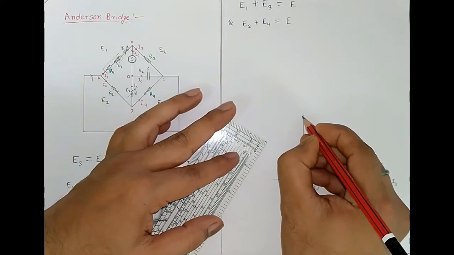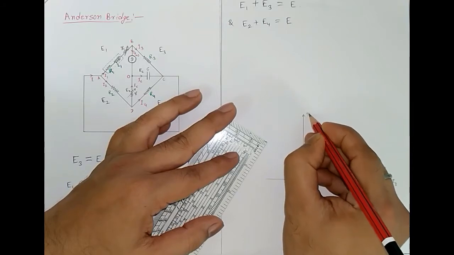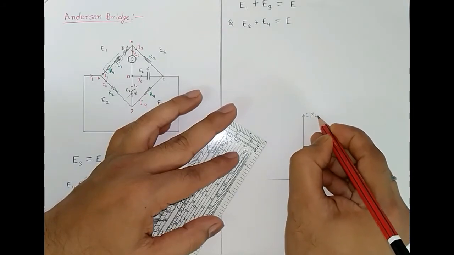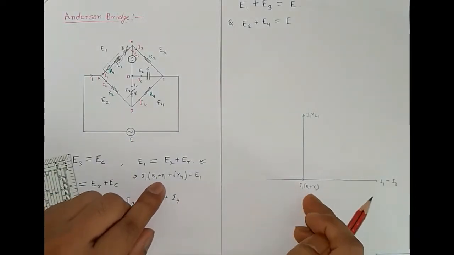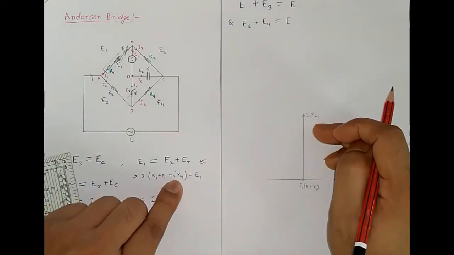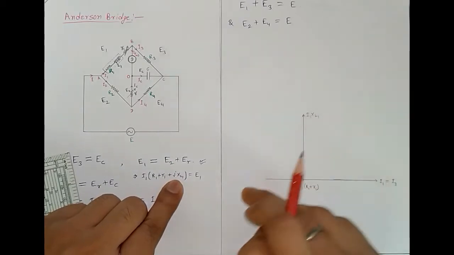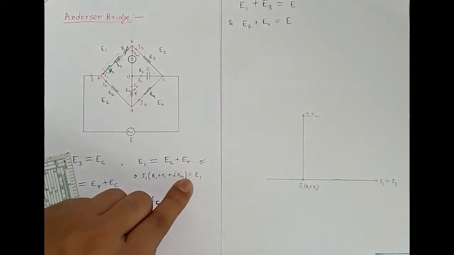So if this is I1 into R1 plus I1 into XL1, this will give us E1.